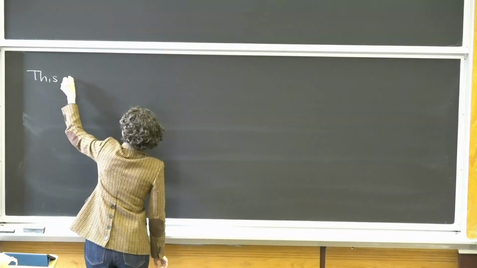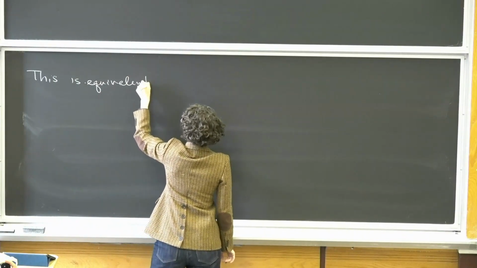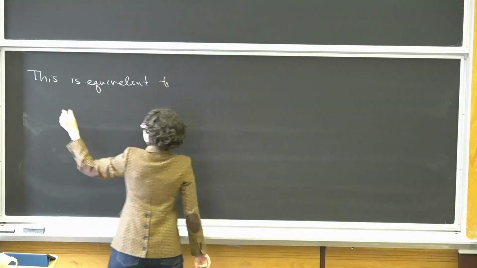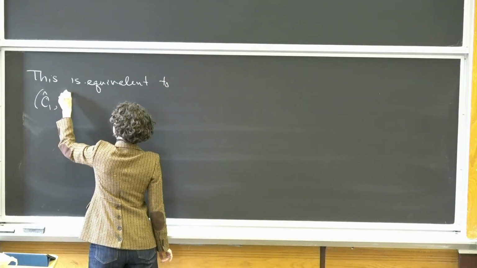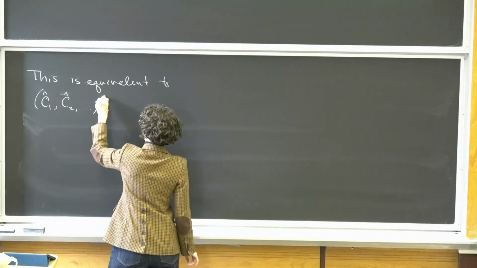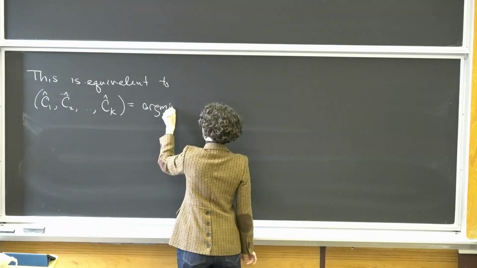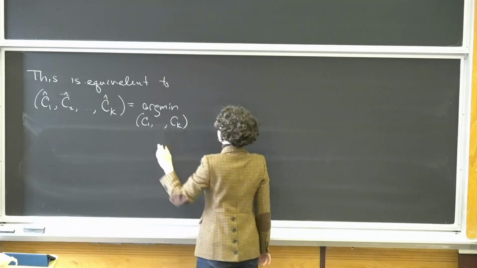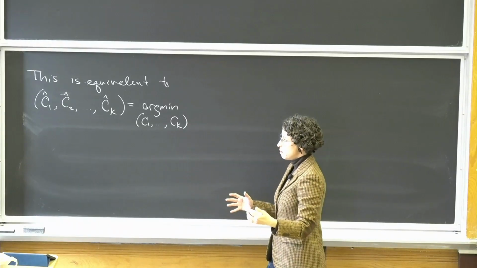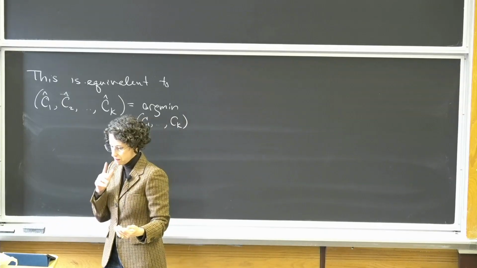So this is equivalent to saying we're going to choose our clusters by trying to minimize the sum of the squared pairwise distances within each cluster.